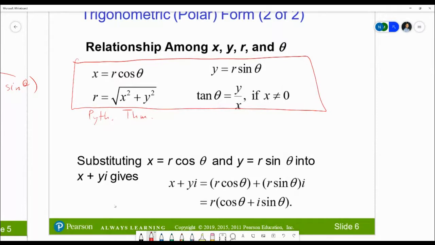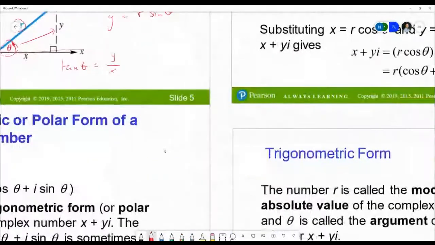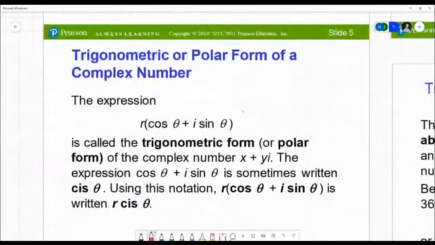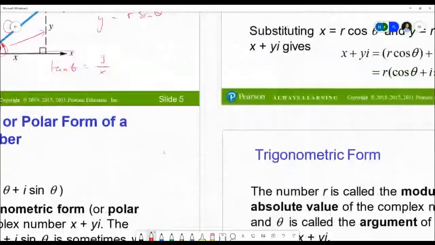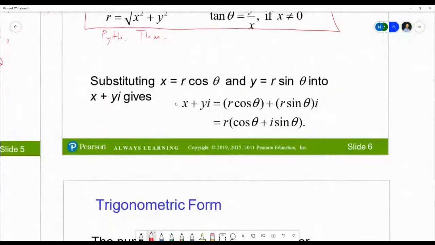Here, they're giving the relationship between x, y, and theta. What we have here is r times cosine theta plus i sine theta, and that is the representation of the complex number x plus yi. So you can convert from a regular Cartesian plane using x and y to trigonometric form.